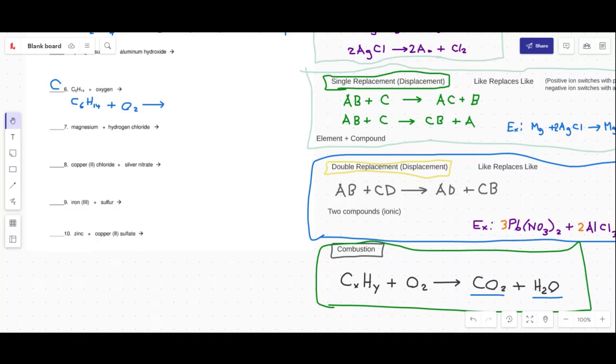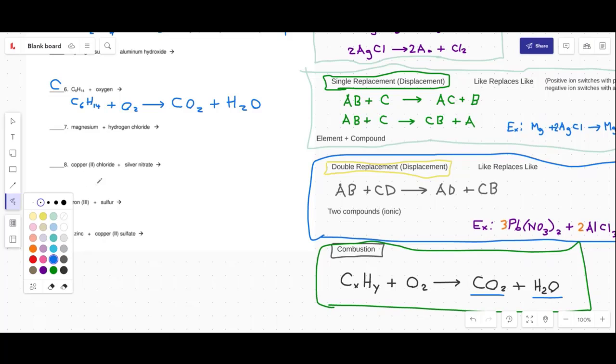It's right there under combustion. CO2 and H2O. Very good. So CO2 and H2O, carbon dioxide and water. That's the easy part. Then you just have to balance them.